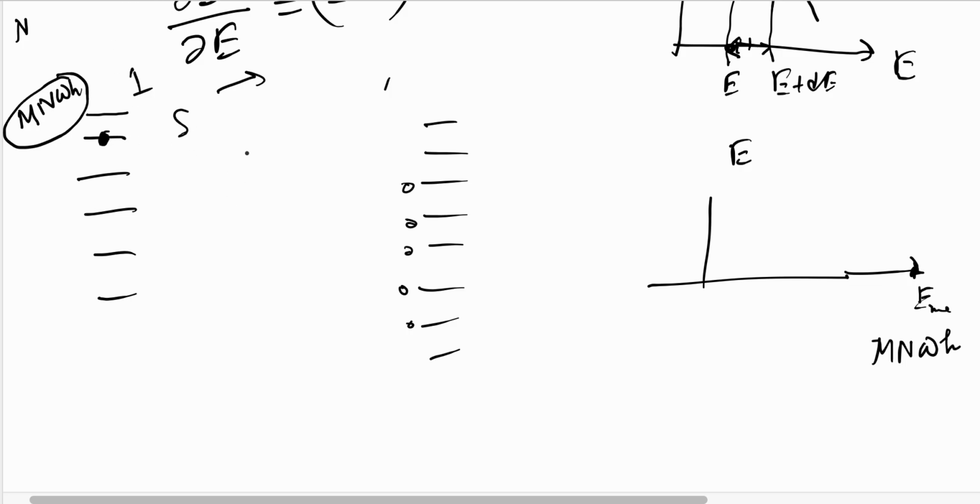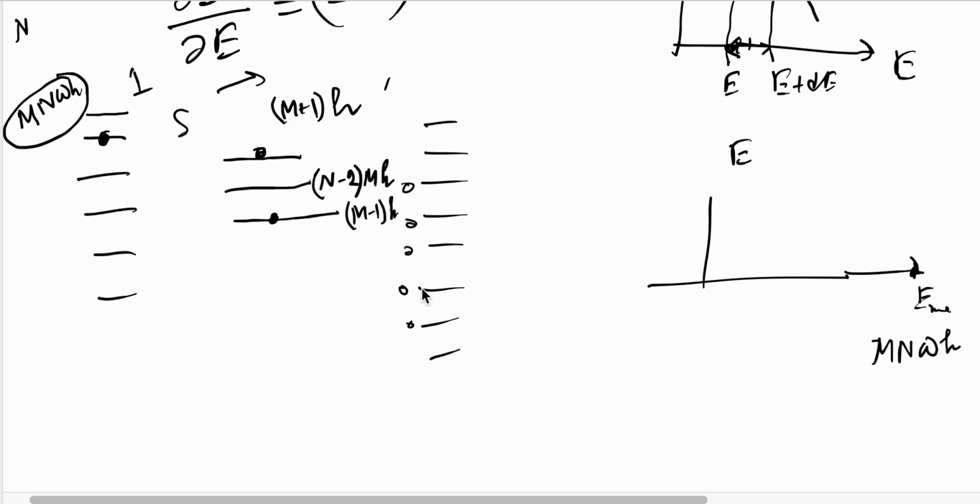If we put one particle there, it will have m plus 1 h, and there are n minus 2 particles in the mth stair, and one other particle here at m minus 1 h.